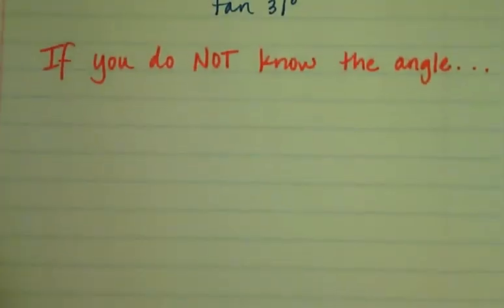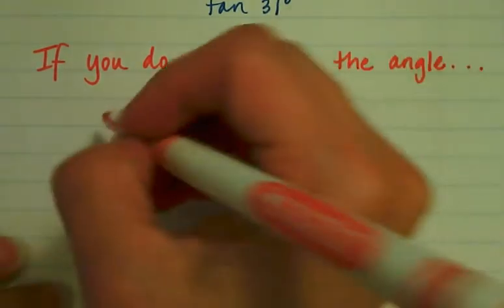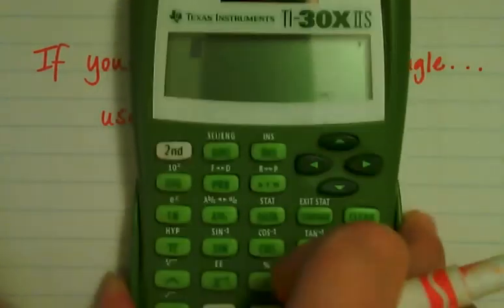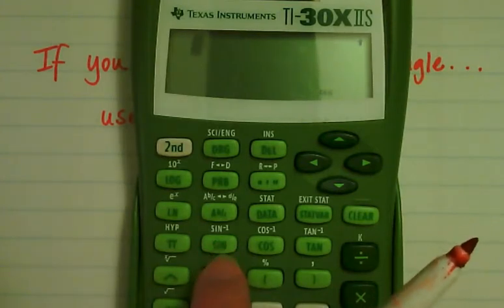So you're going to enter the fraction, but you want to go backwards to figure out the angle. On every calculator, we know that there is an opposite button for every button.